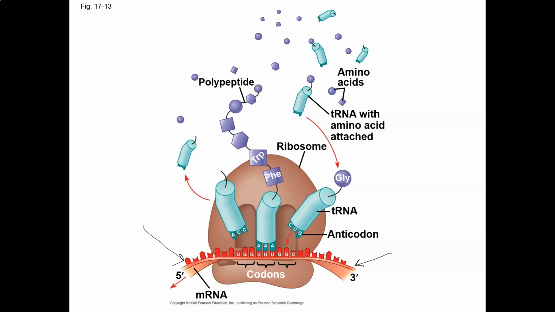The messenger RNA, we've already talked about. It contains the code, the codons, the information. The ribosome, we've talked about before, is made of ribosomal RNA. If you recall, that's made in the nucleus and the nucleolus, and then transported out into the cytoplasm for eukaryotes.